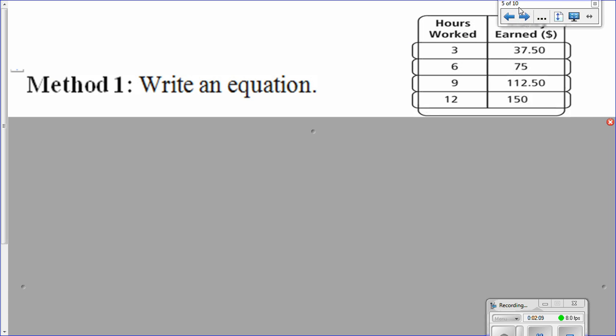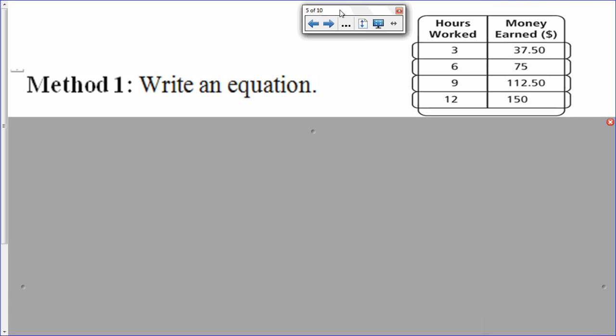The first way is to write an equation. Here's the chart I copied over. For 3 hours worked, she made $37.50. For 6 hours, she made $75. Using these numbers, can you figure out how much she made for 1 hour? I'll give you a moment.